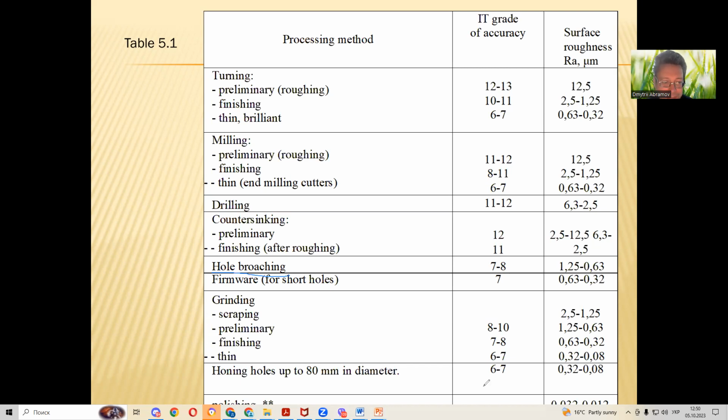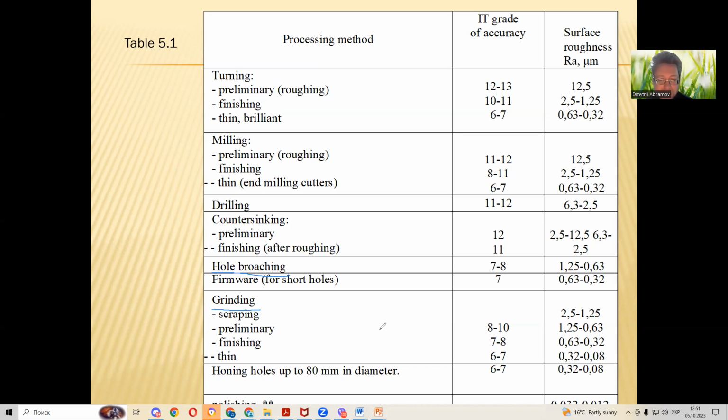For grinding, scrap and grinding, roughness will be equal from 2.5 to 1.25. Preliminary grinding, IT grade will be equal from 8 to 10, and Ra will be equal from 1.25 to 0.63.